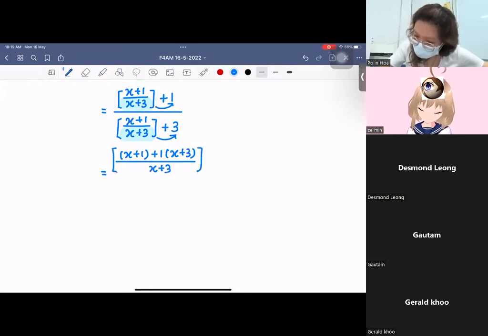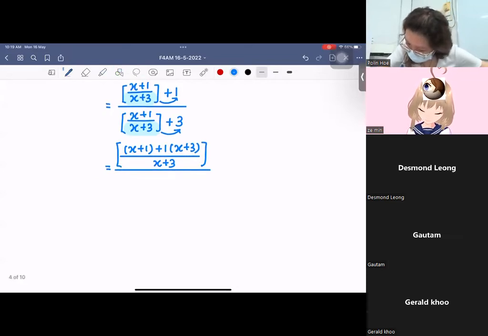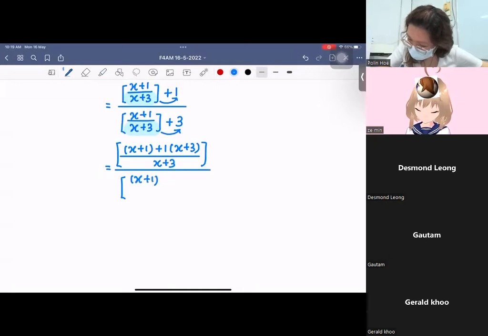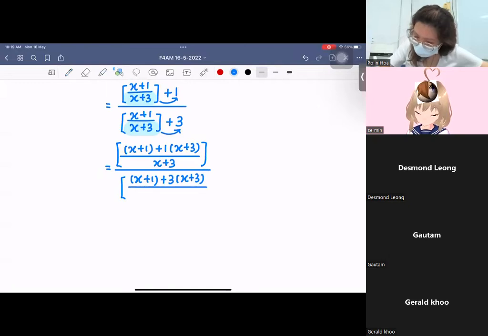This is the numerator, over (x plus 1) plus 3(x plus 3) over x plus 3.